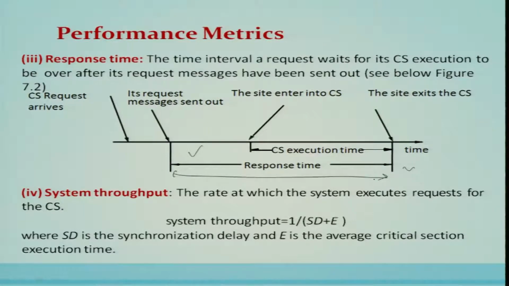The fourth metric is called system throughput. The rate at which the system executes requests per critical section is called system throughput.